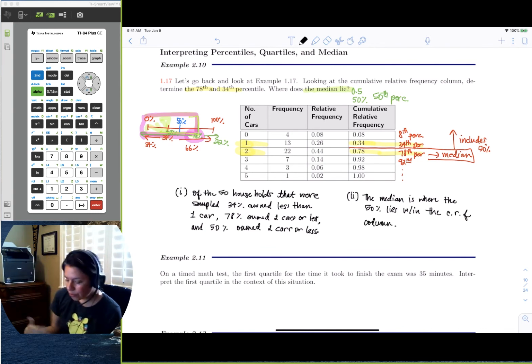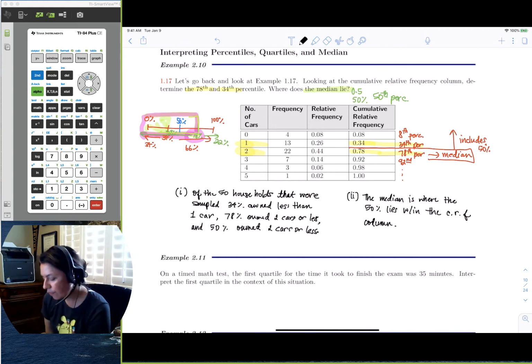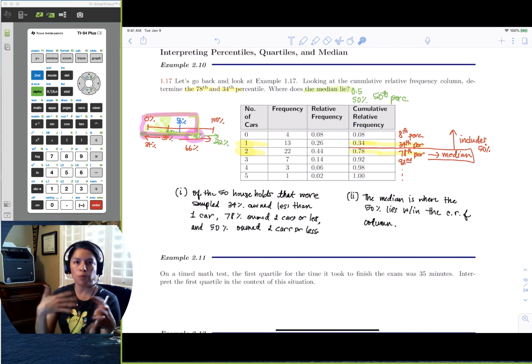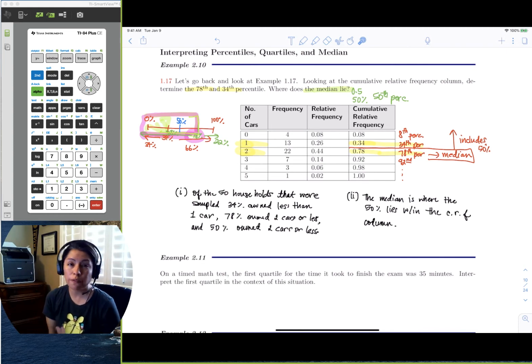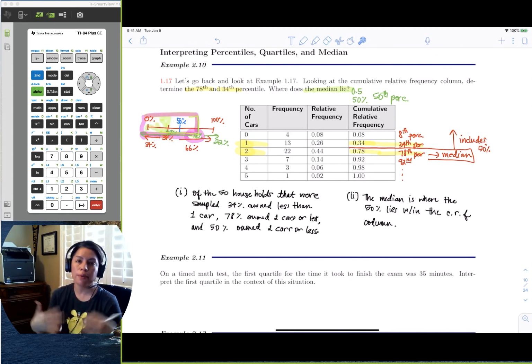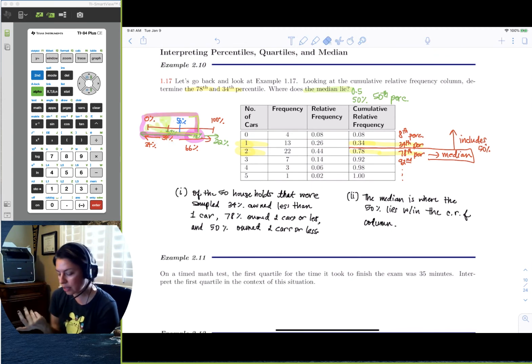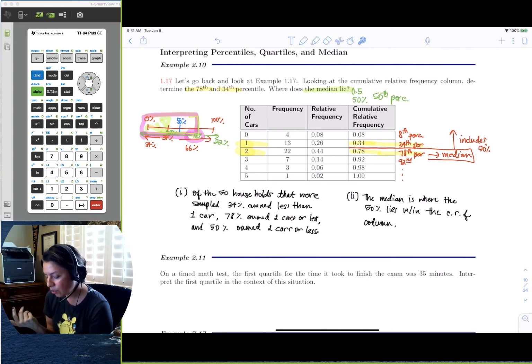So we can use the cumulative relative frequency and associate it with percentiles and see that even though the cumulative relative frequency gives us these random percentiles of our data, we can find our median or any other quartile. Like if I wanted to find the 25th percentile, where does that lie? Well, 34% would have had the 25% marker, and so that would have lied within 1 car household because the 0 car household only had a total of 8%.